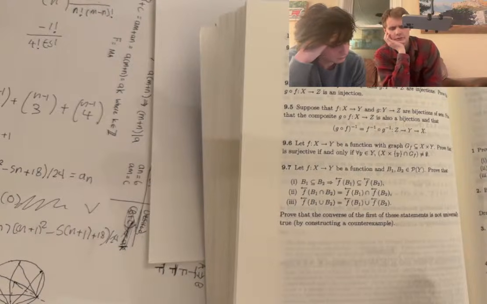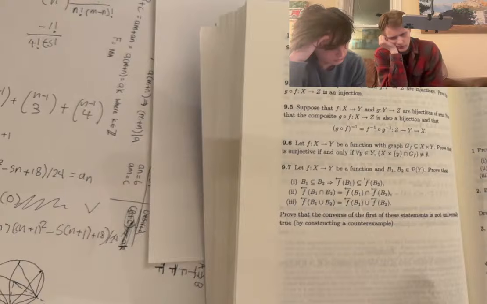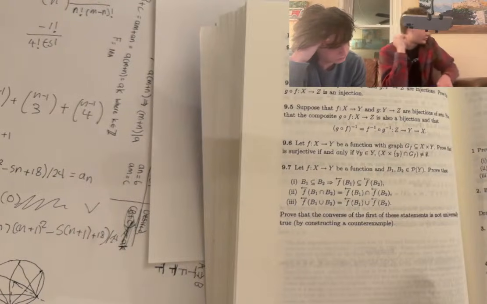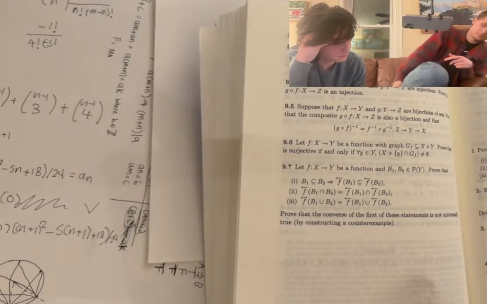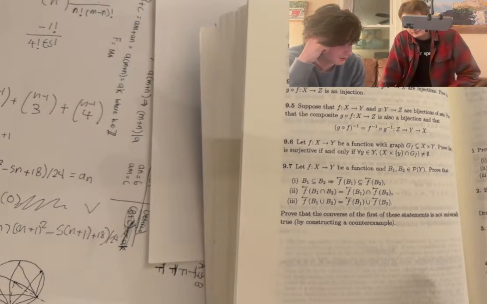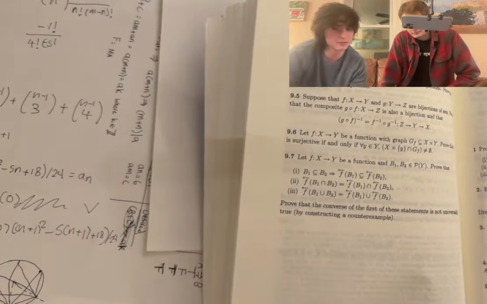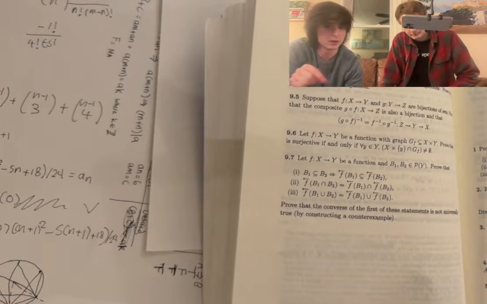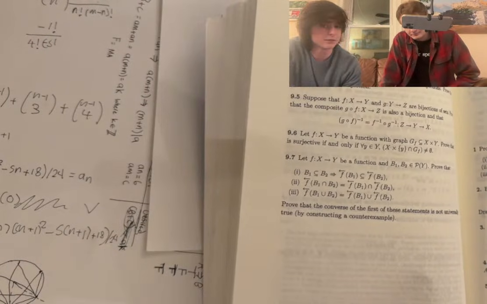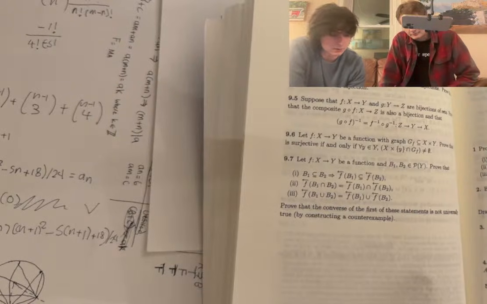So surjective means all the codomain things can be reached. And I just don't understand what graph of f is. Well, clearly based on the type, it's a subset of a Cartesian product. So it's a set of tuples of two points.